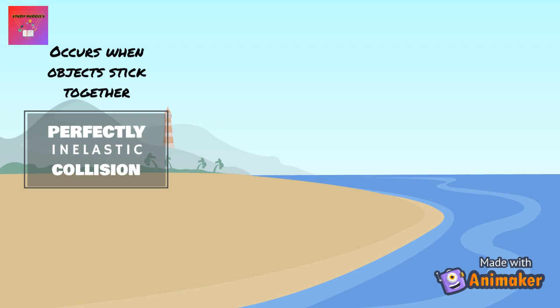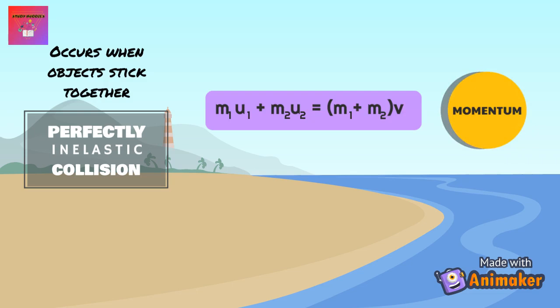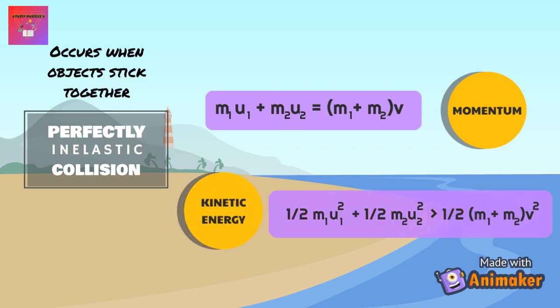The equation of conservation of momentum is m1u1 plus m2u2 equals m1 plus m2 times v, while the equation of kinetic energy is half m1u1 square plus half m2u2 square is greater than half m1 plus m2 times v square.